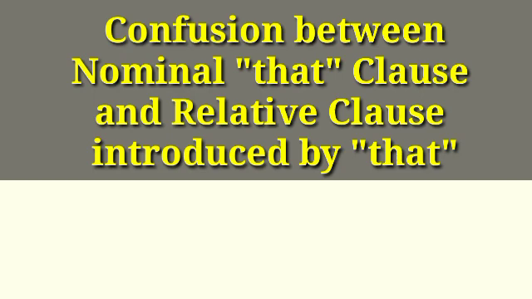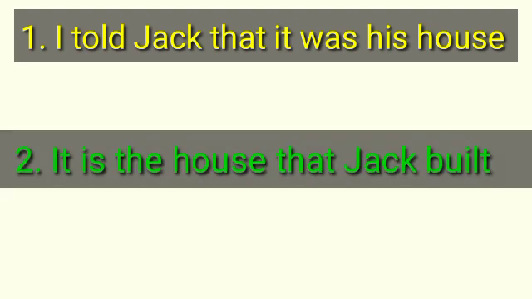Let's have a look at these two examples. I told Jack that it was his house. The second example is it is the house that Jack built. If you look at the first example, "that it was his house" is a subordinate clause, but as it is functioning at the place of a noun, it is called a noun clause.